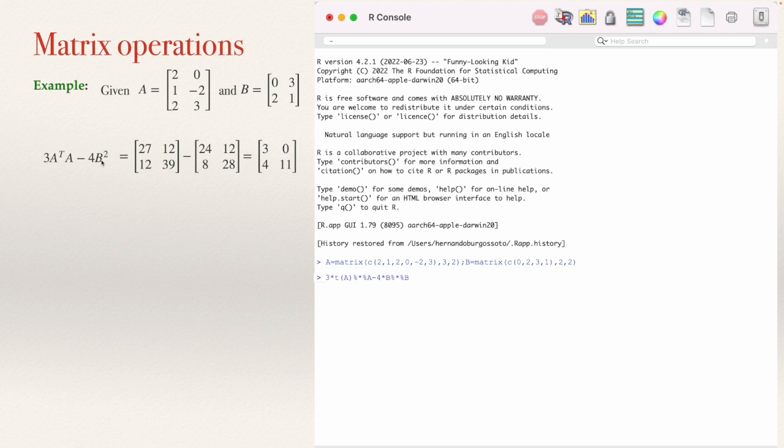So far, for making B squared, what I'm going to do is B times B, and then press enter. As you enter, you're going to see the answer immediately.